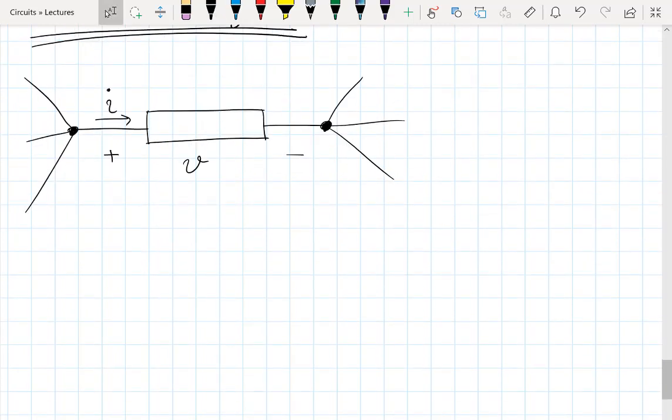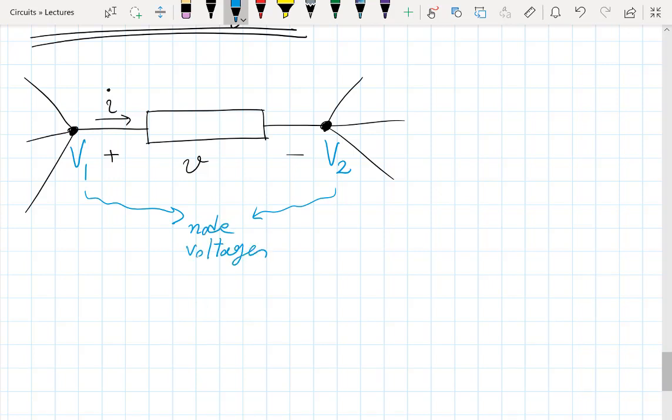So if I call this, let's say, V1 and V2, these are node voltages. Whereas this V was the actual element voltage with this sign shown.